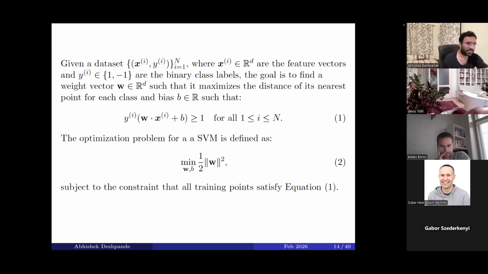Here is the more mathematical structure of the problem. Let's say that we are given a data set (x_i, y_i), where x_i are feature vectors, which means x_i in R^d can denote, for example, the height, weight, and body mass index of a human being, or other features that you can think of. And y_i belongs to {1, -1}.